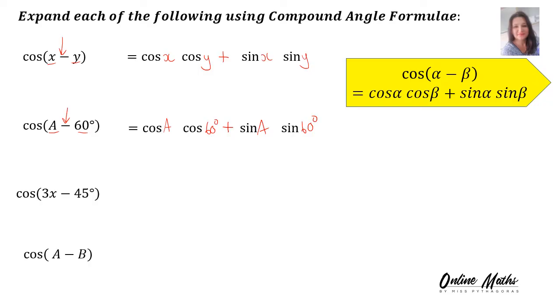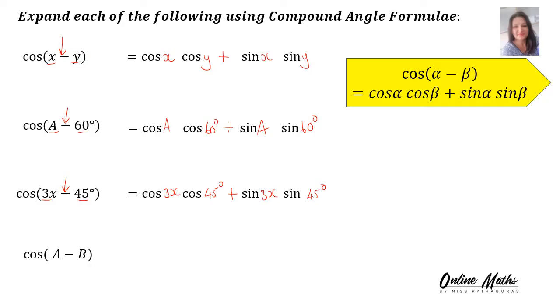The third one, cos 3x minus 45. The pattern is cos cos, sin sin, and then the angles 3x and 45. So you write 3x and 45 degrees, 3x and 45 degrees. And when this is a minus, this is a plus.